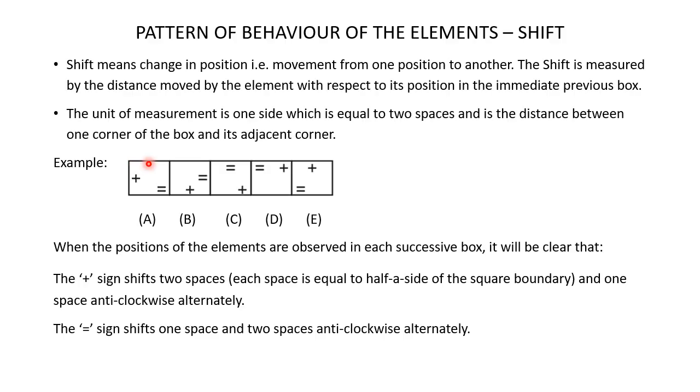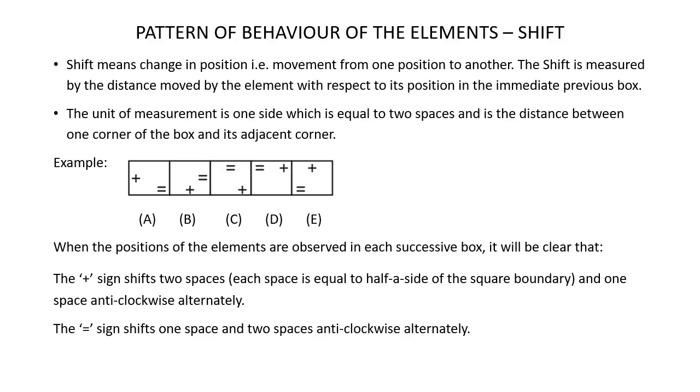And if the element moves from this position to this corner, then it is said to have shifted one space. So from one corner of a box to its adjacent corner, there are two spaces, which means one side is equal to two spaces.